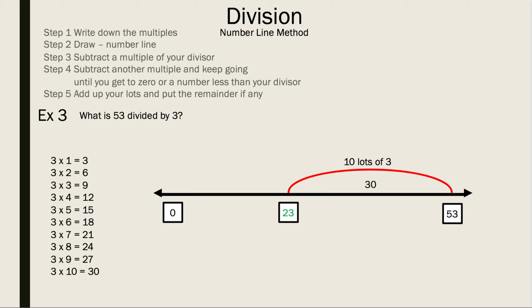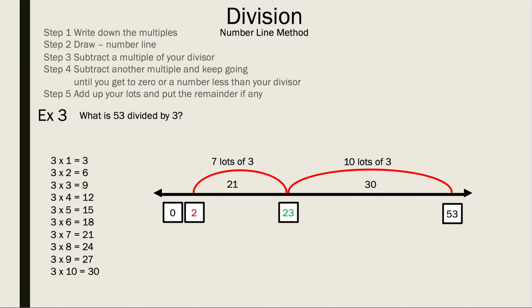Now, we're trying to find a multiple that is closest to 23. You don't have a multiple of 23, so we need to pick one that is closest but not going over. So now we see 21 is the closest. So we're going to go to 21, and since there's not one of 23, the hump does not go to 0. So that is 7 lots of 3, which gives 21.